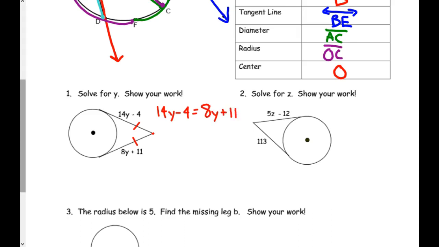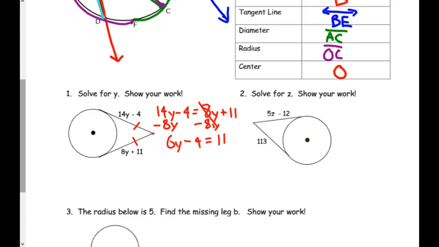I have y on both sides, and it cannot be on both sides, so I'm going to get rid of the smaller y, which is 8y. It's positive, so I'm going to subtract. Minus 8y, minus 8y. 14 minus 8 is 6y. Bring down minus 4 equals 11.